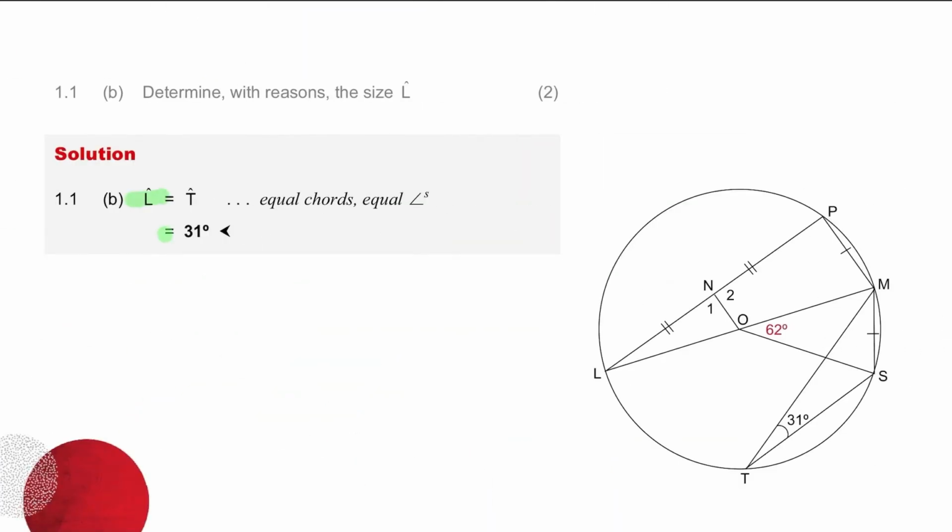Written up neatly, we simply claim that angle L equals 31 degrees, equal chords, equal angles.